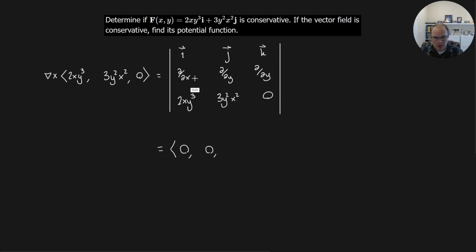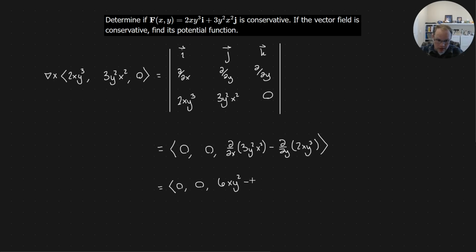So for the k component, partial derivative with respect to x of 3y squared x squared, minus partial derivative with respect to y of 2xy cubed. That's 0, 0, and then I get 6xy squared minus 6xy squared.